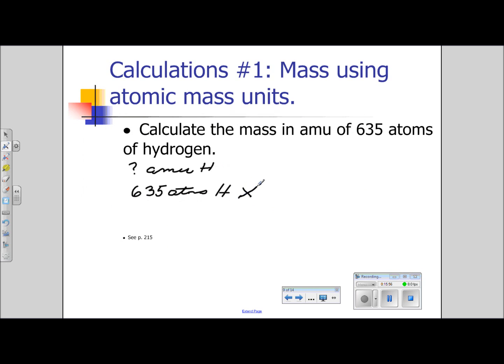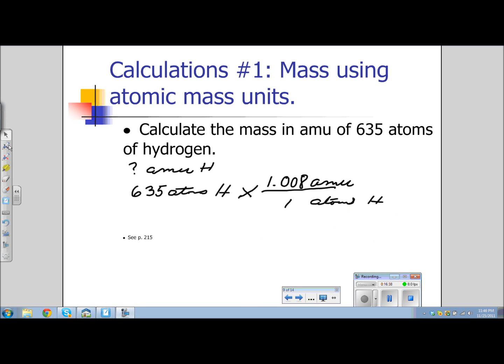So I'm going to say, since I want AMUs, I'm going to place AMUs in the numerator, and atoms of hydrogen in the denominator. We know that one atom of hydrogen has a mass of 1.008. Go ahead and do the calculation.